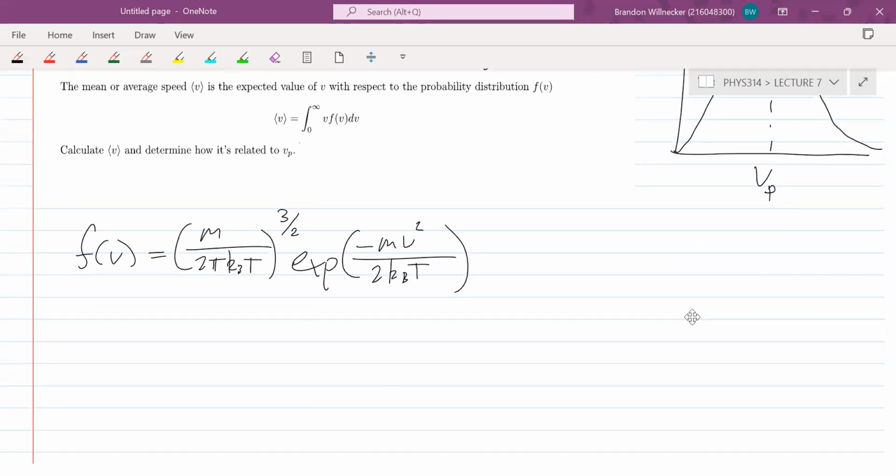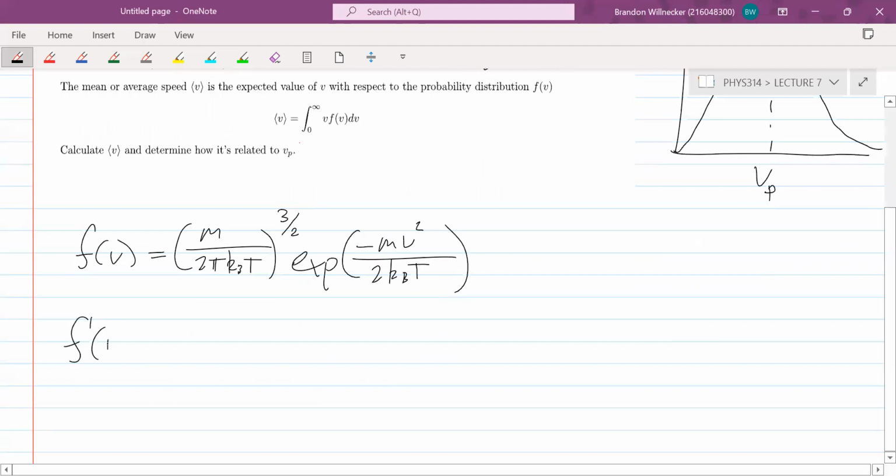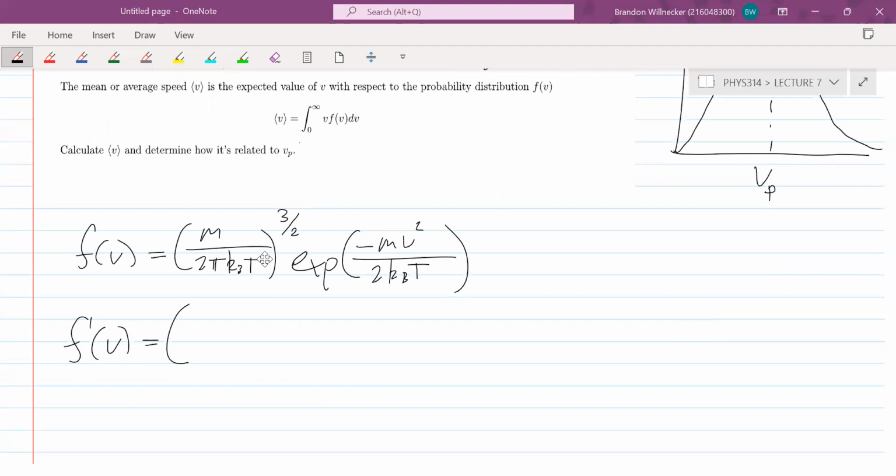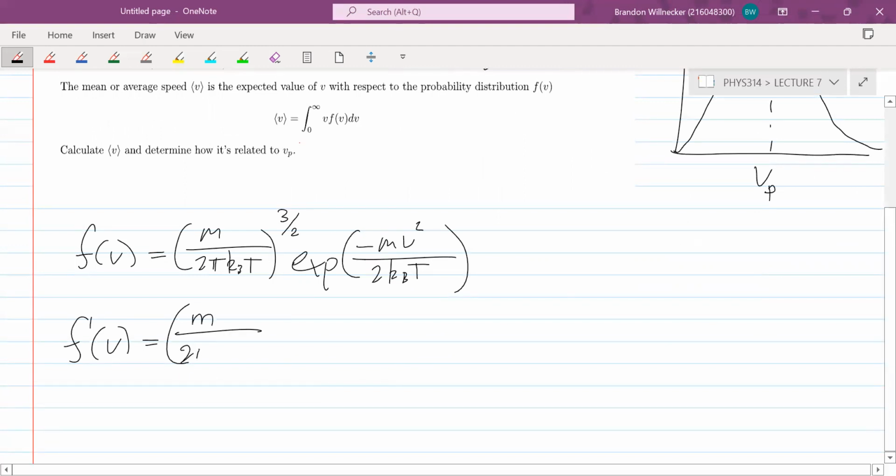Okay, so let's find the derivative. So f prime is going to be, the constant in front doesn't do anything, so we'll just leave it there. M over 2 pi kbt to the 3/2.